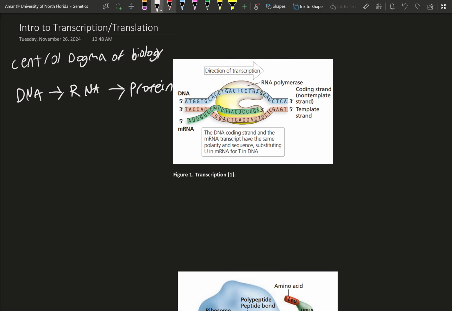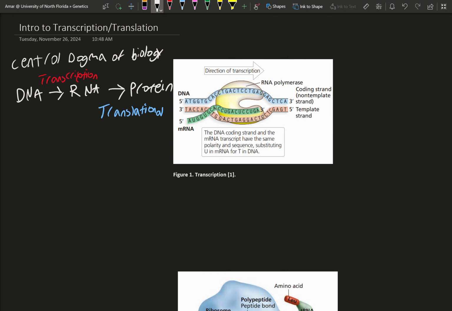Like I mentioned before, the process of converting DNA into RNA is referred to as transcription. And converting RNA into protein is referred to as translation. For almost 99% of all the genes in your genome, to get a certain protein, you would follow these steps.